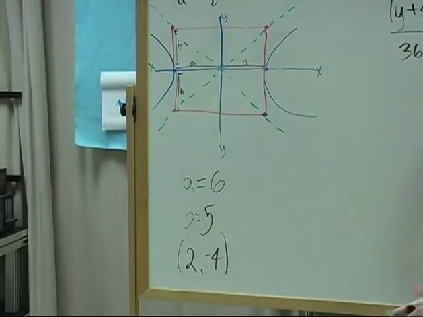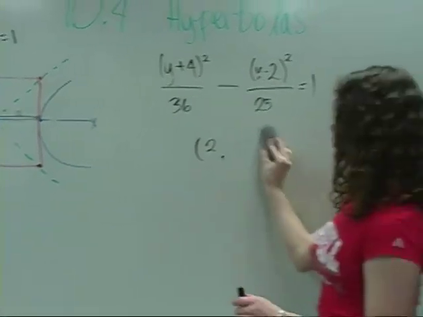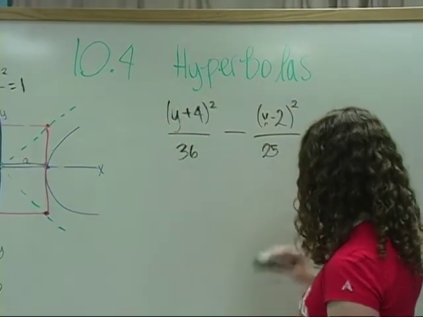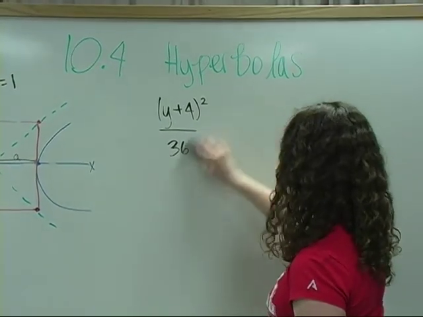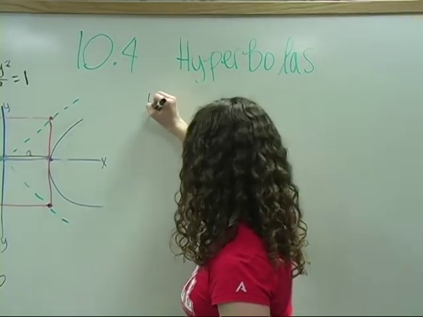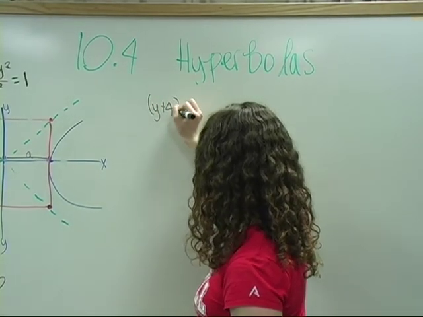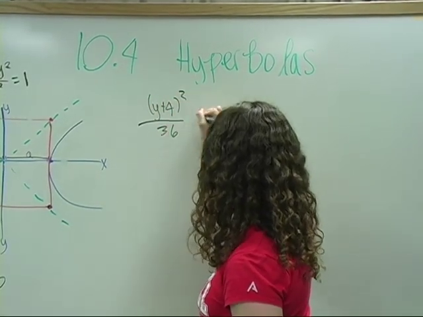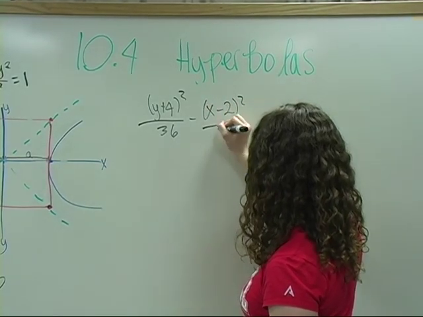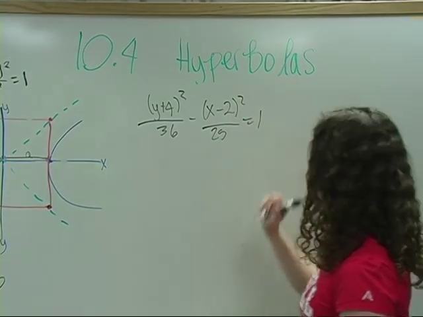And now that we have that given information down, all we need to do is plot these points on the graph. So in the graph of our equation, I'm going to go ahead and write that smaller so we have more room. We have y plus 4 squared over 36 minus x minus 2 squared over 25 equals 1.